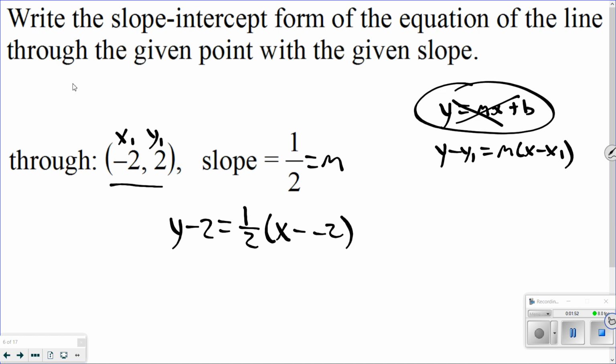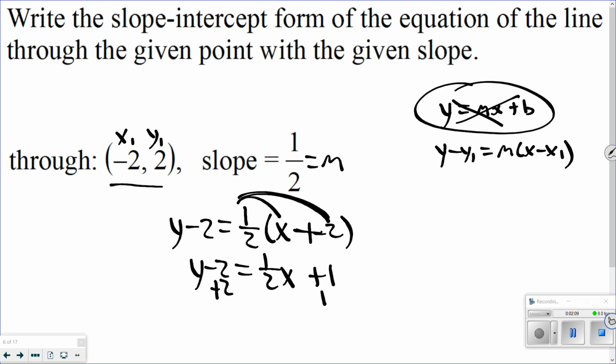Minus a negative changes to a plus. I'm just putting it in the right form now. So y minus 2 equals, I'm going to distribute that 1/2 through. 1/2 x. 1/2 times 2 is 1. Add that 2 over to the other side. So the equation of the line comes out to be y equals 1/2 x plus 3.